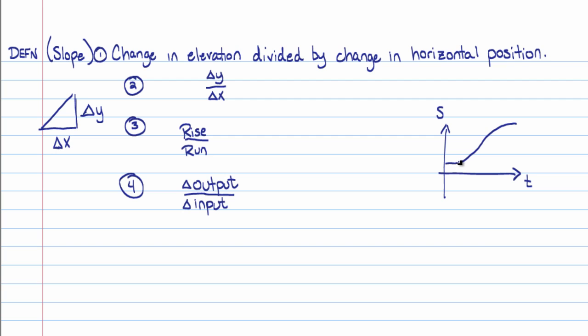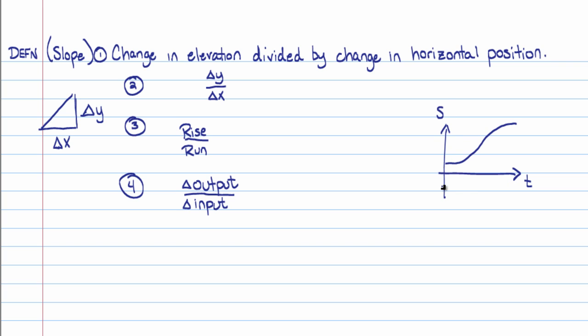The vertical variable is what we would get as an output if I plug in a different year. So if I plug in this year, I have an output. If I plug in next year, I have a different output for my salary. So I consider the horizontal variables the inputs and the vertical variables the outputs.